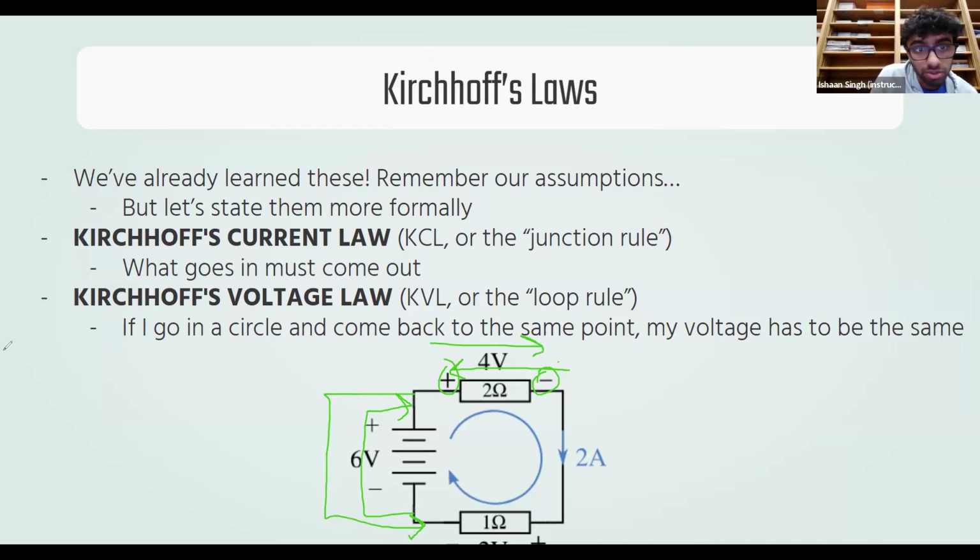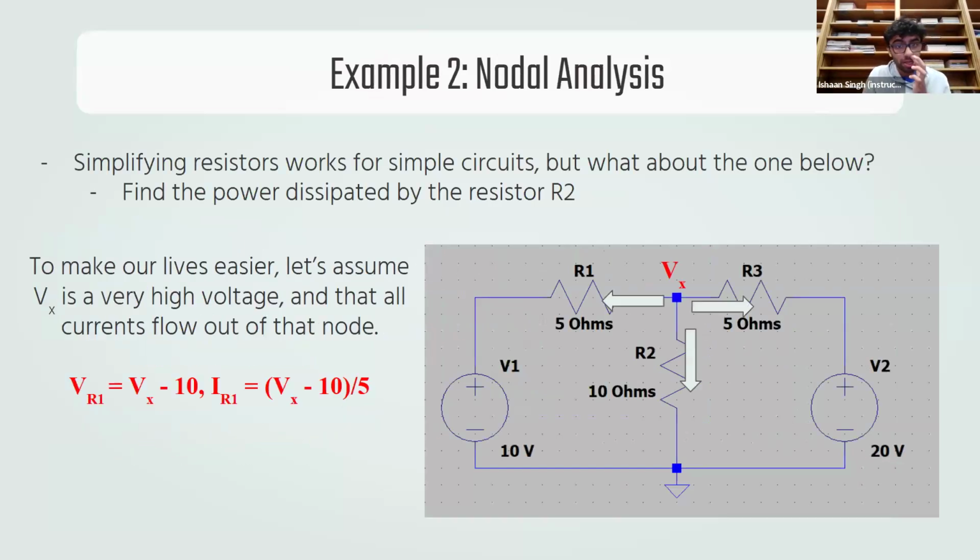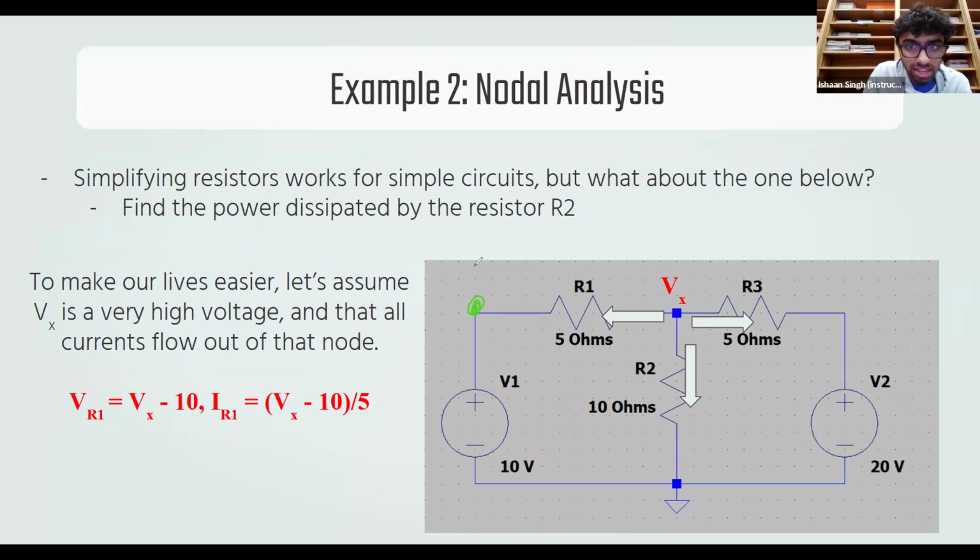Okay, I'm gonna assume we're good on what it means to lose and gain voltage. So let me go back to our example here. Vx minus 10, because remember this point right here we identified is at 10 volts.